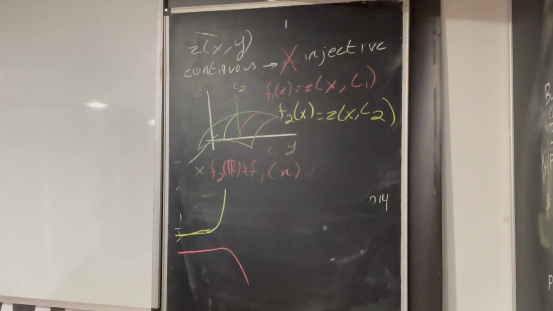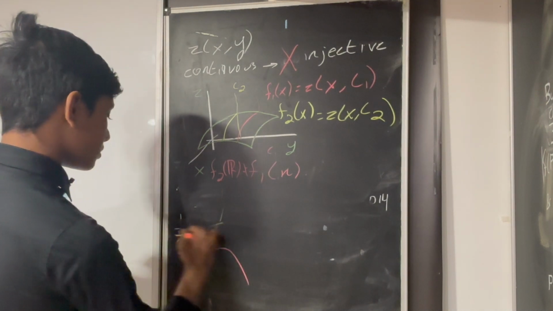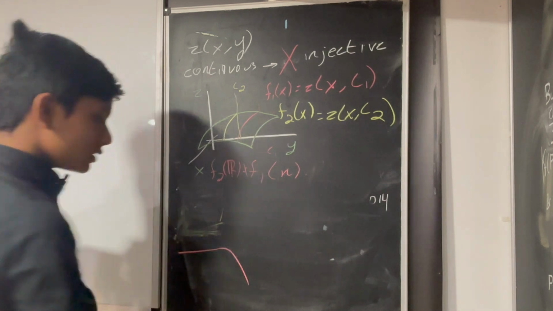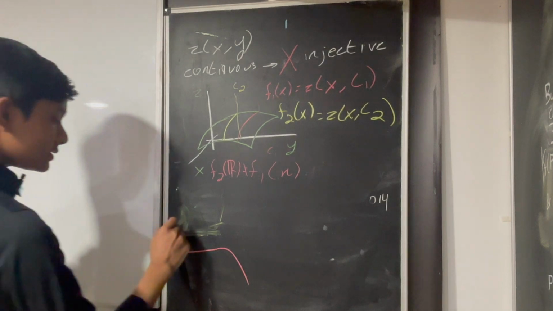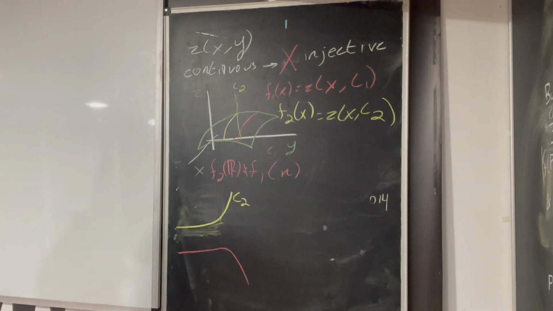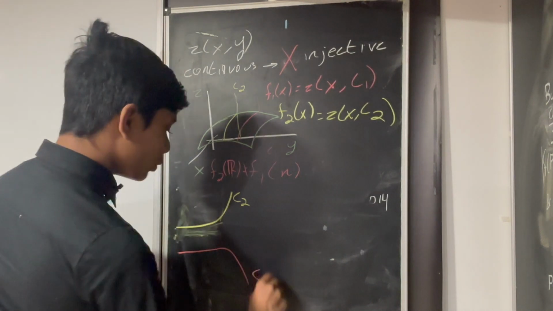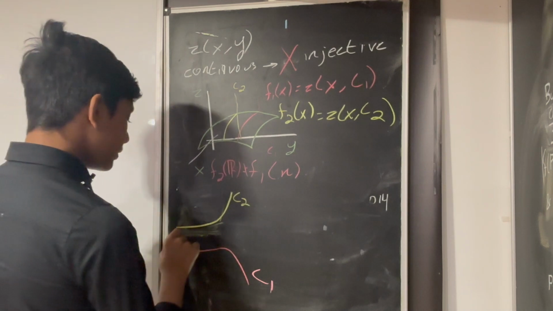But now, let's say I have a third cross section somewhere in the middle, right? This is going to be at C2, and this is going to be at C1. So we're going to run a third one through the middle.